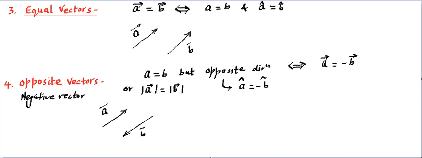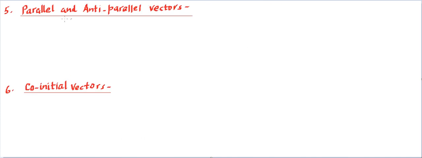You are getting it. The next category is parallel and anti-parallel vectors. When we use the term parallel, you'll find the vectors have the same direction. That means A cap is equal to B cap.